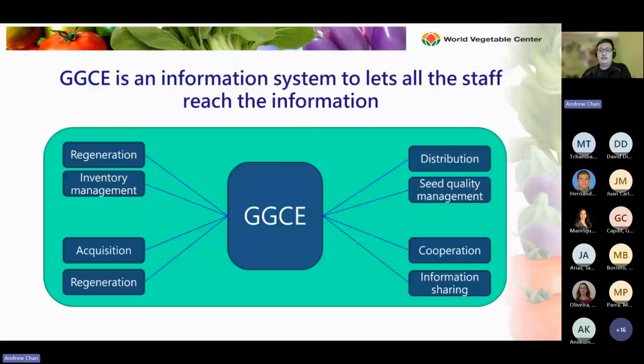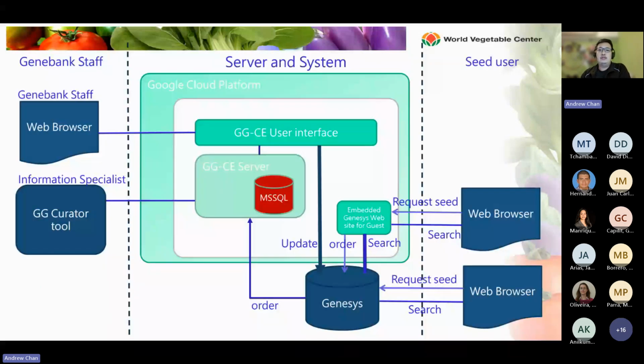Okay, the next step we will talk about is the system structure of WorldVeg GGCE. This graph shows the system structure of our GGCE system. In the middle, you can see our server and system. We rent the Google Cloud Platform as our server system, so we don't have a physical server locally on our campus.